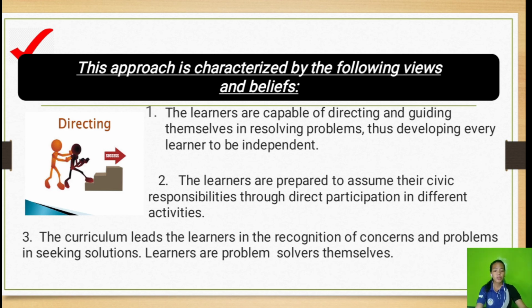So, since learners are well trained to solve real problems, they will be prepared to participate in different activities. And the third one, the curriculum leads the learners in the recognition of concerns and problems in seeking solutions. Learners are problem solvers themselves, and that makes them independent.